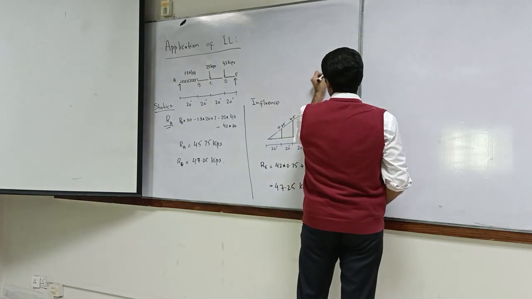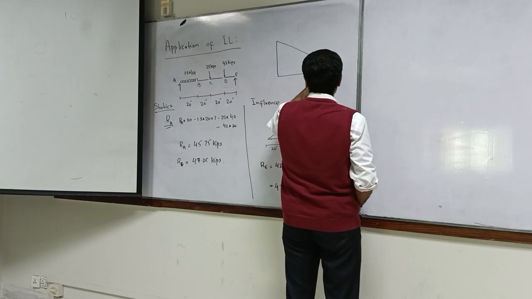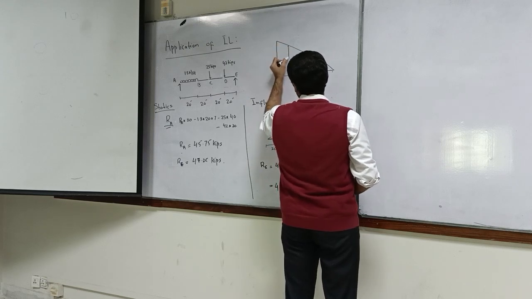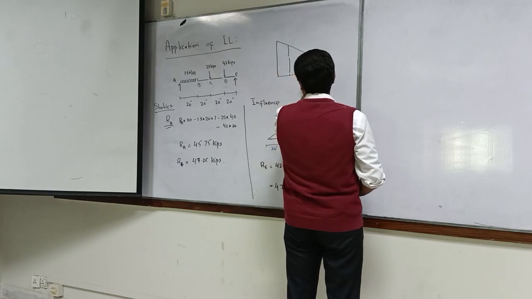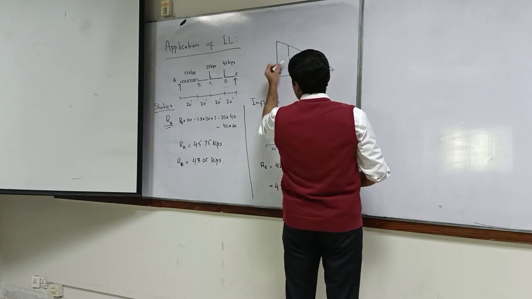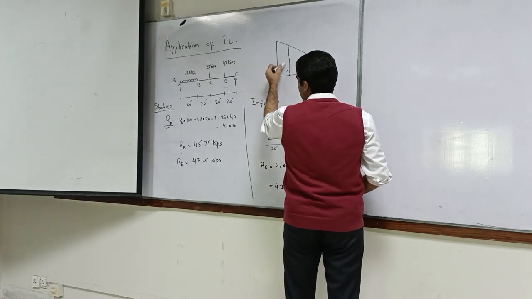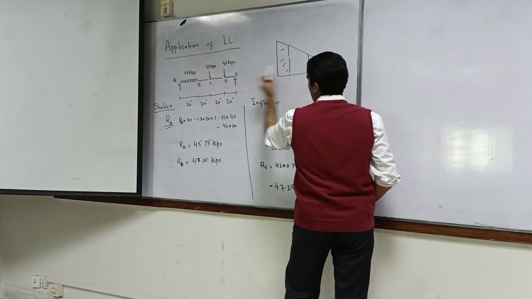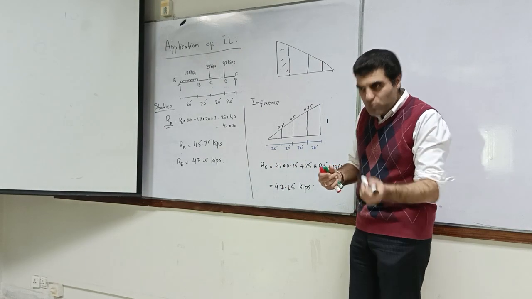So my UDL, 25 and this one, I need this area. For this area, I have to multiply the trapezoid. And then the same 25 with this one and 42 with this one, I add up. So that makes it quicker, isn't it?